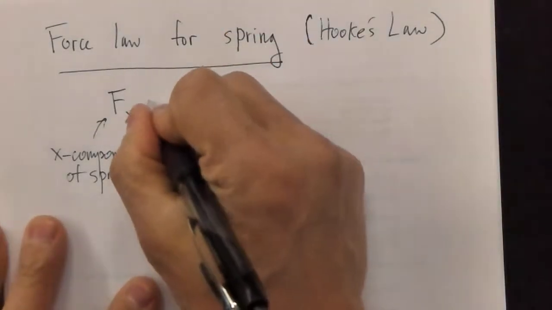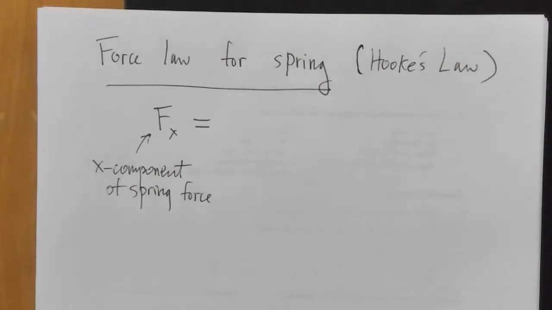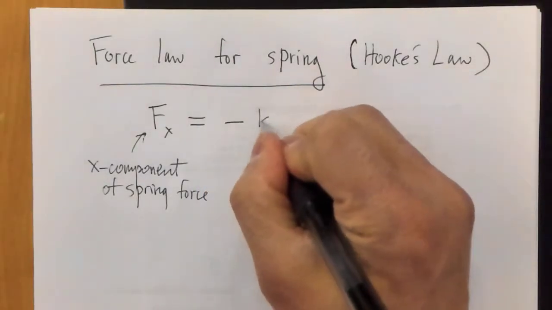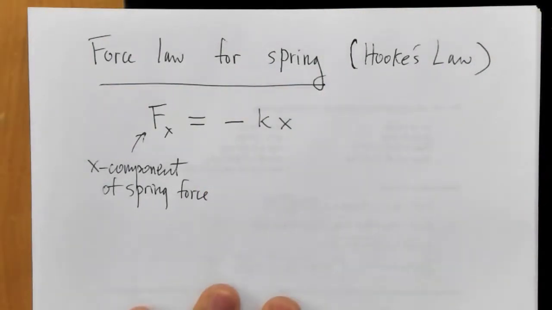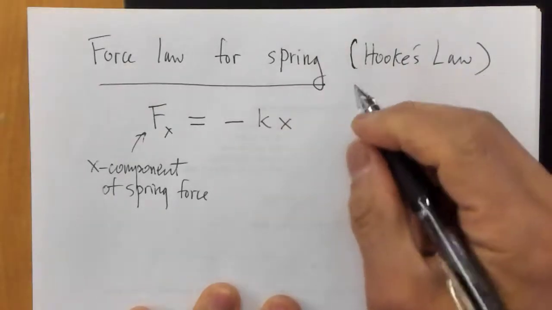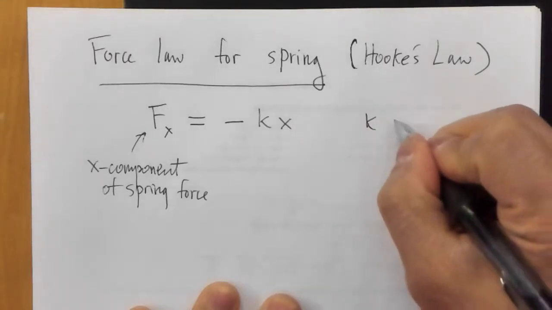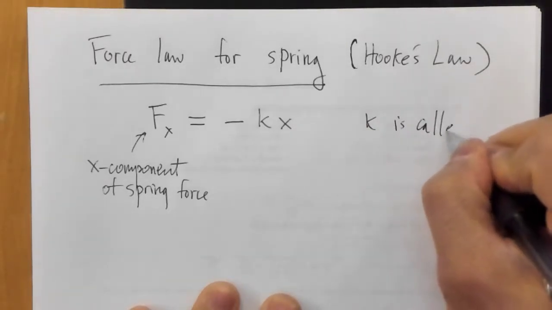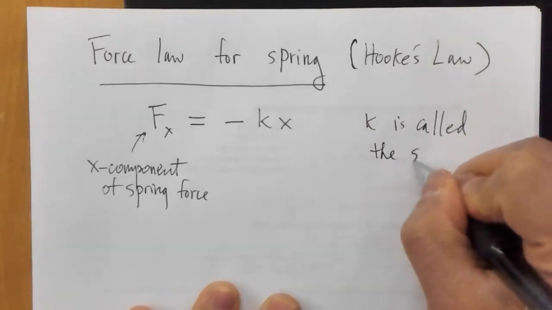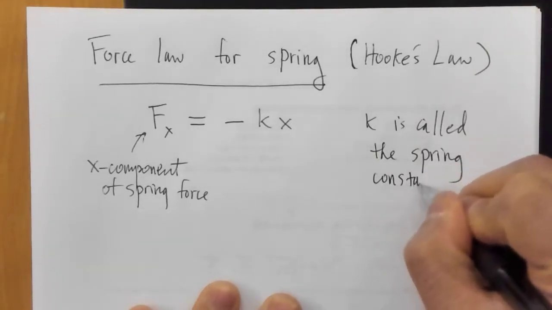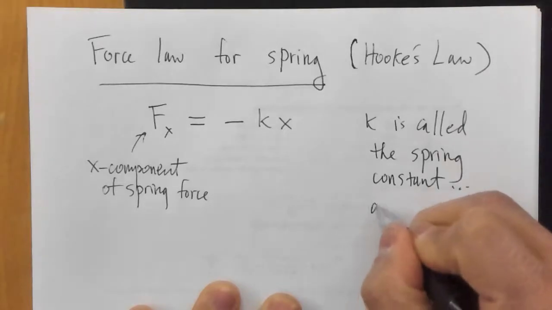And the formula is pretty simple. F sub x, the x component of the spring force, is minus k times x, where x, well, I'll draw x in just a moment. So k is called the spring constant. And it's different for different springs.